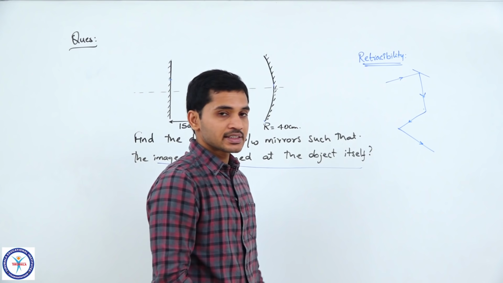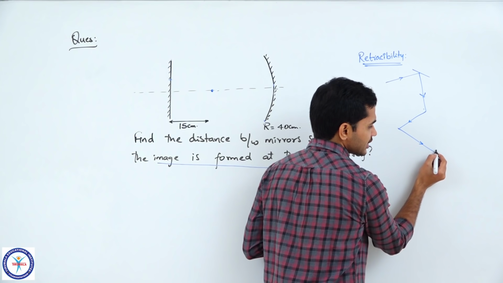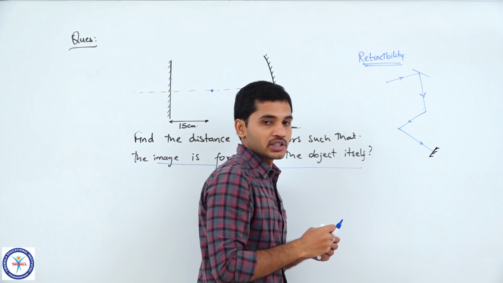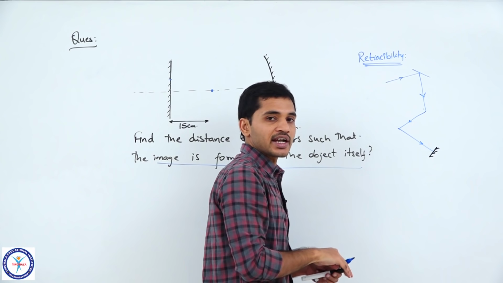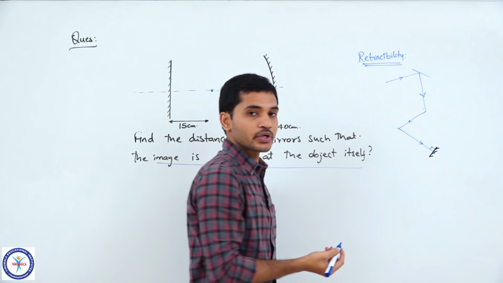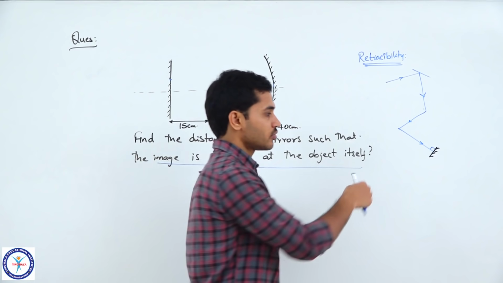Now consider that at this position the light ray goes and strikes another mirror perpendicularly. If it strikes this mirror perpendicularly, what is going to happen? It will just go in the opposite direction in which it has come.